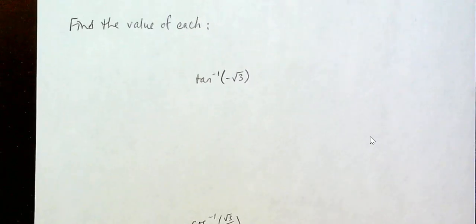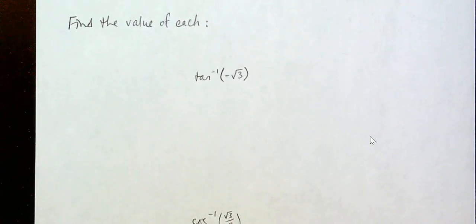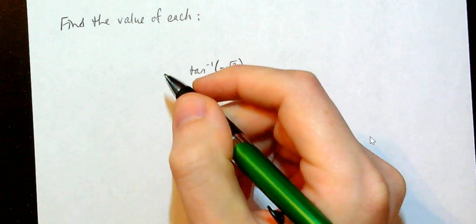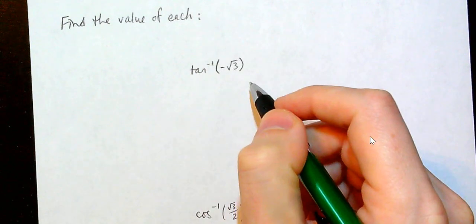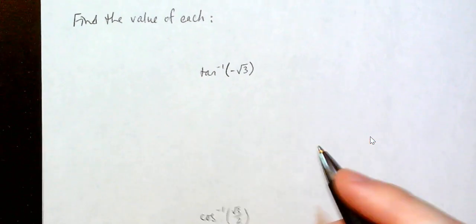So we're going to find the value of each of these things here. Let's find the inverse tangent of minus the square root of 3. So first step, I'm going to take this thing that I'm given, I'm going to set it equal to theta.